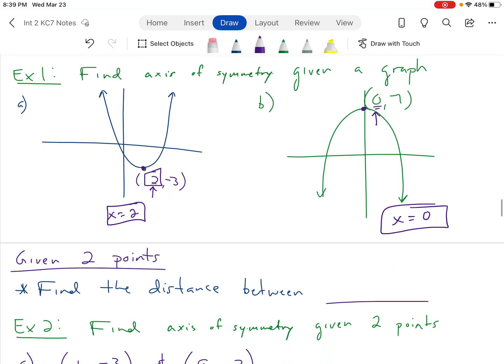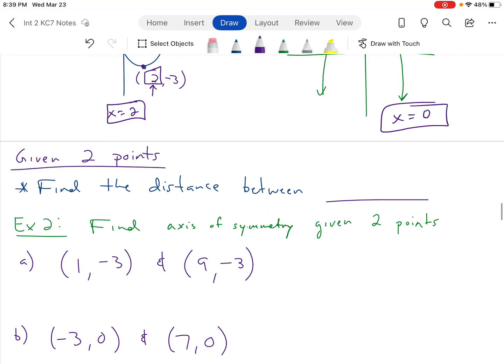Now you can also find it given 2 points. These 2 points can be x-intercepts or any two symmetrical points. They have to be the same y-coordinate. What you want to do here is find the distance between those x-coordinates. To find it, given these 2 points, we're going to add and then divide by 2.